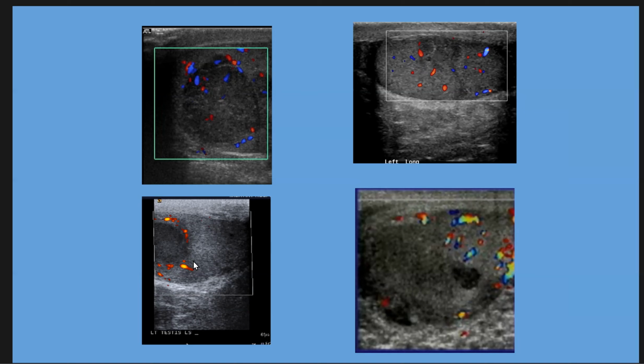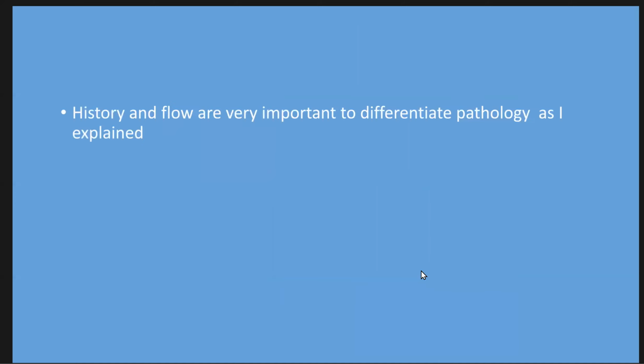This patient has an abscess with increased vascularity around the abscess, and this patient has trauma with hemorrhage that appears hypoechoic with no intratesticular vascularity.